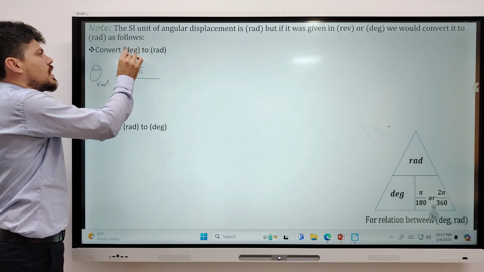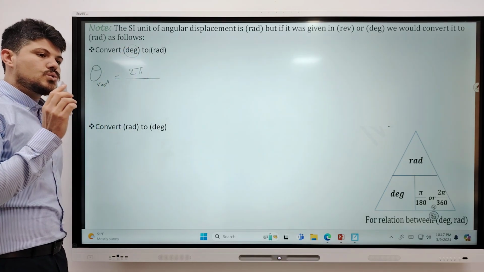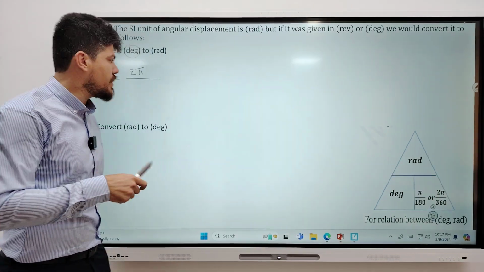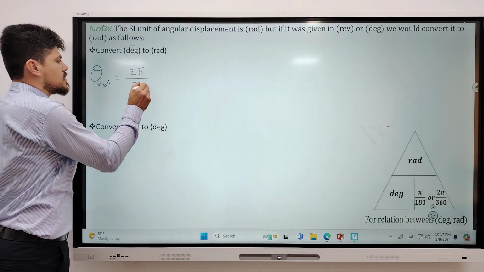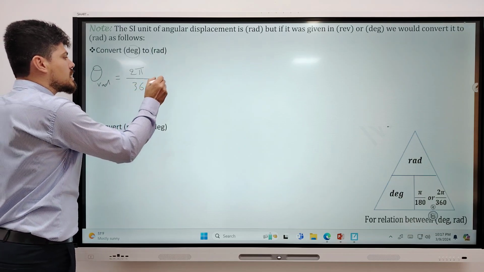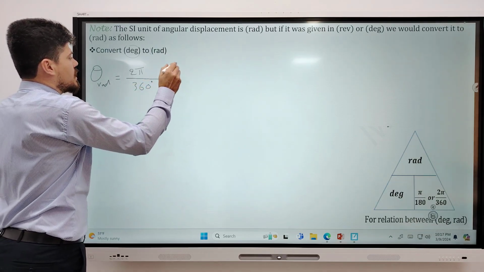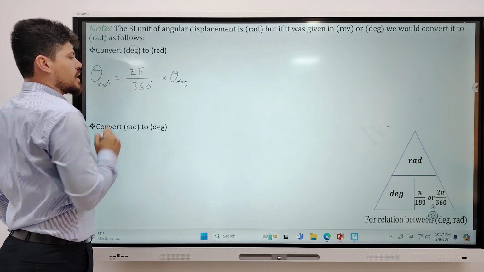We have to convert to what? To degree. For 2 pi rad, how many degrees do we have? 360 degree. Multiply by what? Multiply by theta in degree.